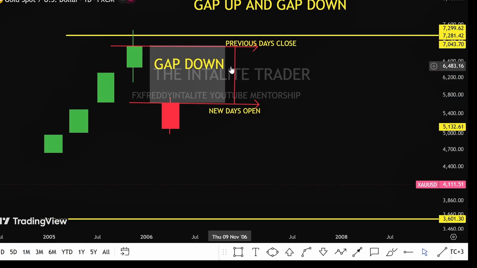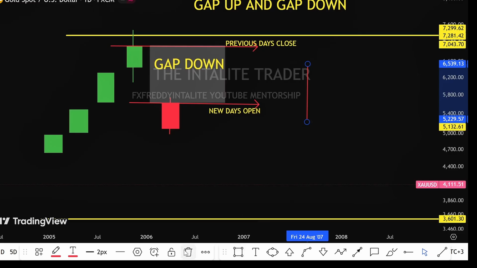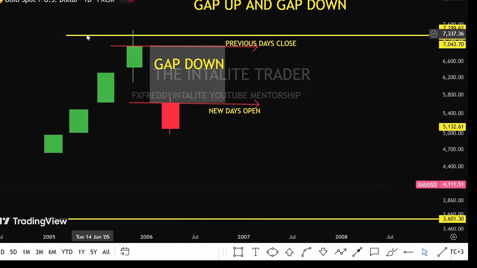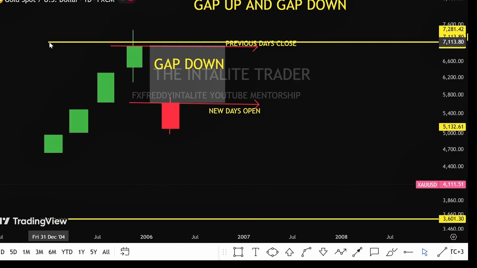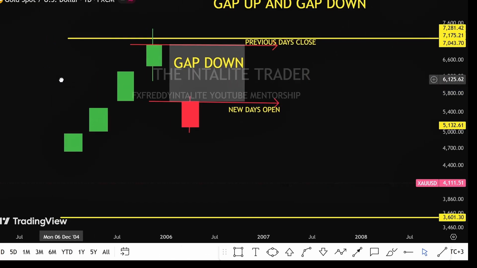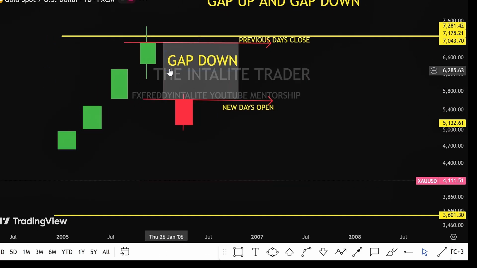And if this happens on the daily time frame and at a key level where price has been in the past, we say this is a trend reversal, because this indicates there is a sudden profit taking and a trend change is taking place.